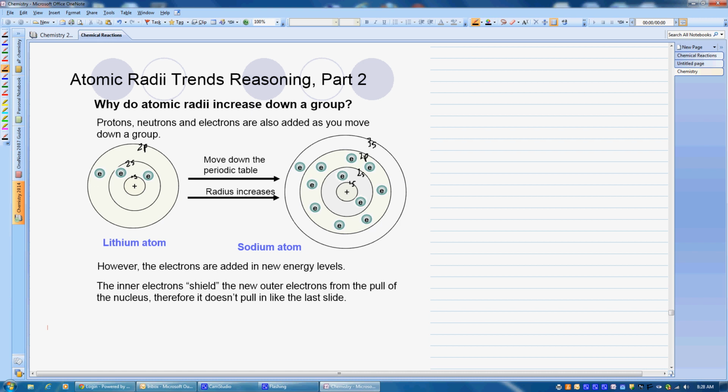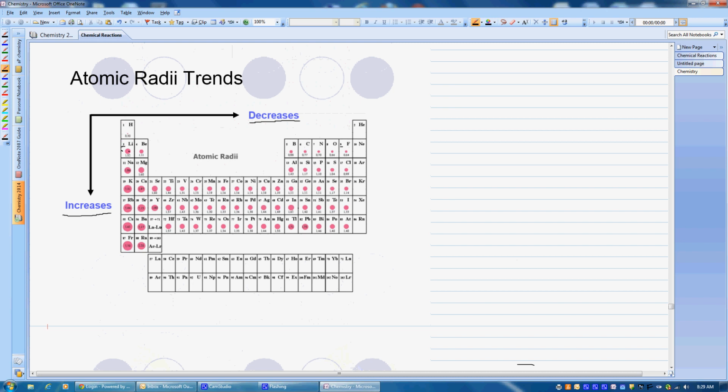Even if there is a really tight pull from our protons in the middle, there are all these extra layers, and they can only pull in so much, so these atoms are bigger. That is why our atoms are larger as we go down.